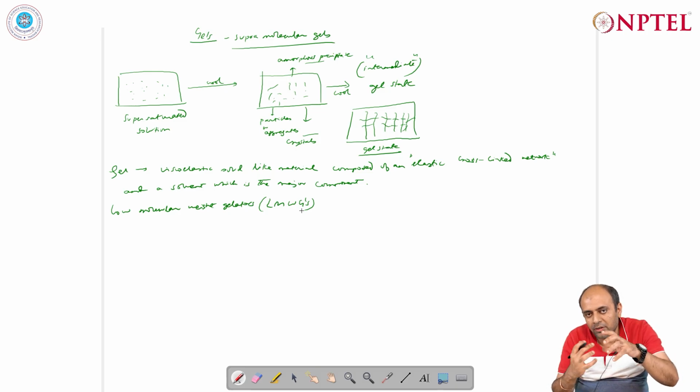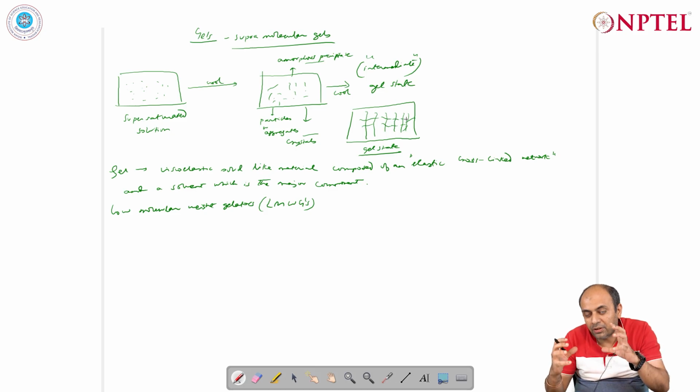During this process of cross-linking in the other two directions, it can get trapped in the matrix and form these fibril structures which form the matrix, and now there is a large amount of space where the solvent can get trapped.